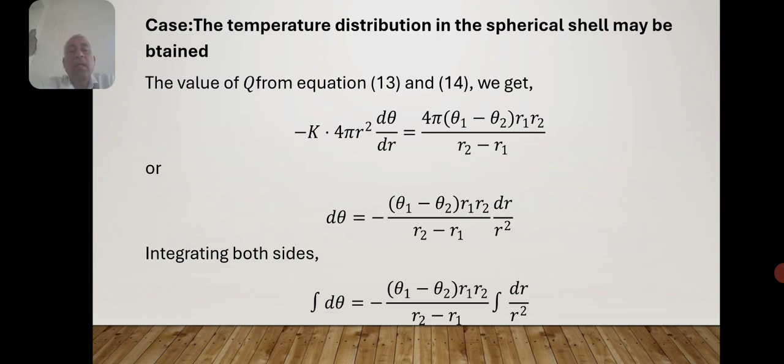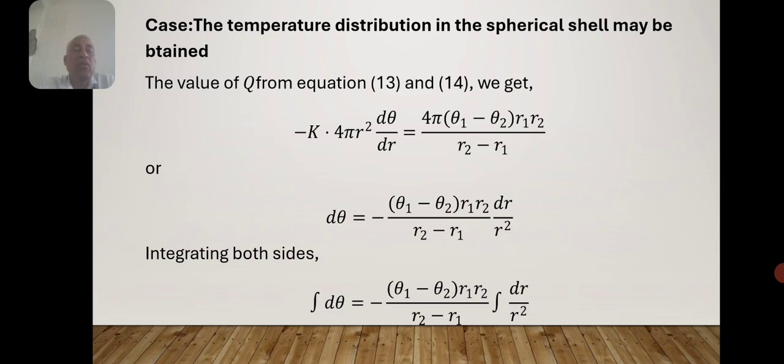Integrating this equation on both sides, we get the integration of d theta equals theta 1 minus theta 2 into r1 r2 upon r2 minus r1.